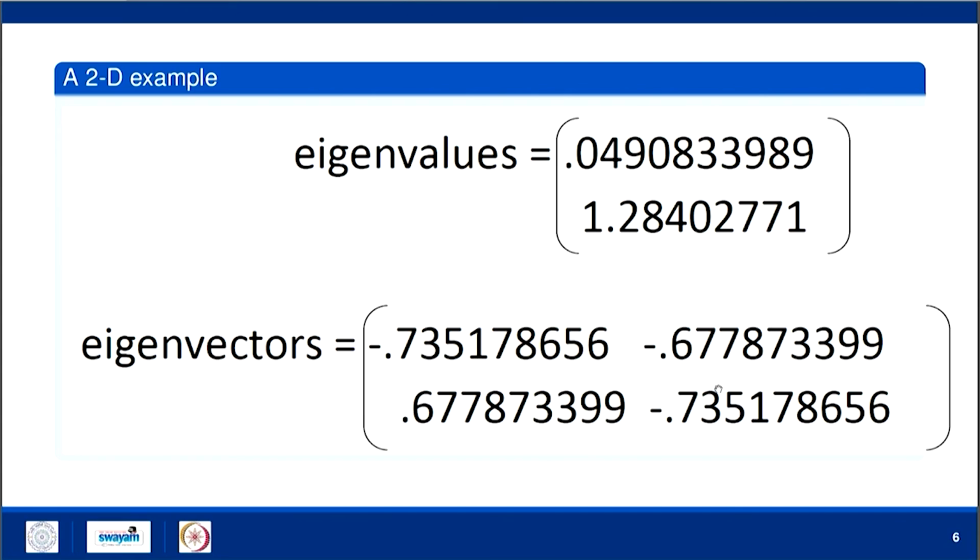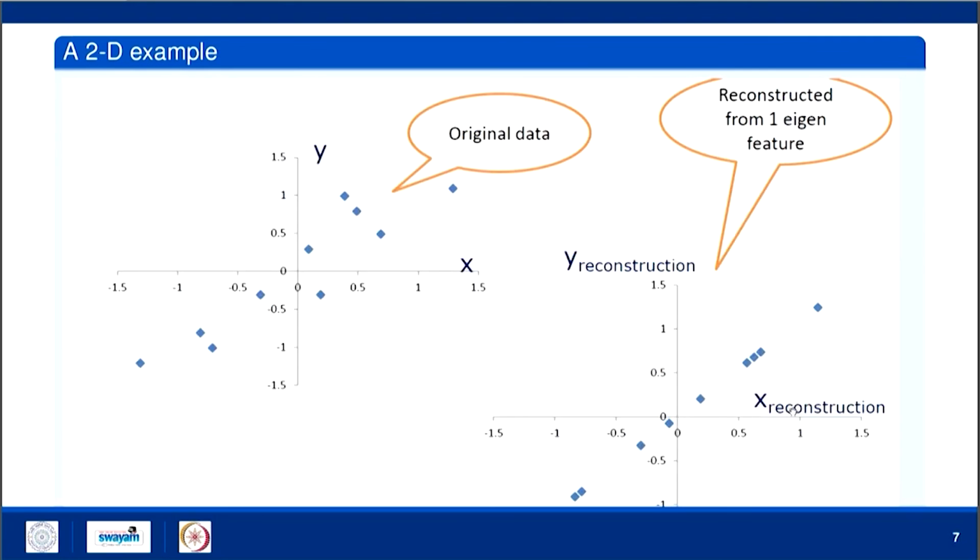If I want to reduce this data to 1D, I have to write all the data, that is x, y given originally, as the linear combination 0.677 x plus 0.735 y. And if I do this, you can see this is the original data and this is the one dimensional data, after projecting on the principal eigenvector.